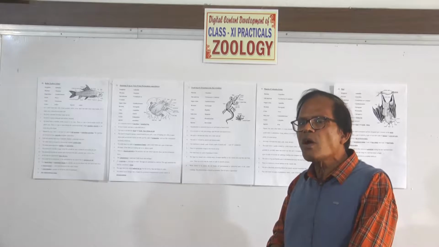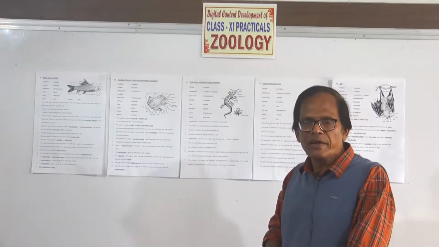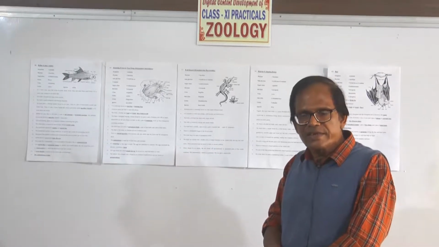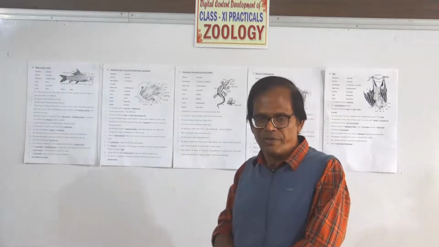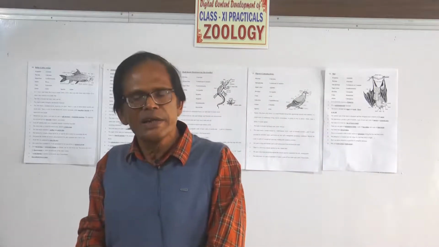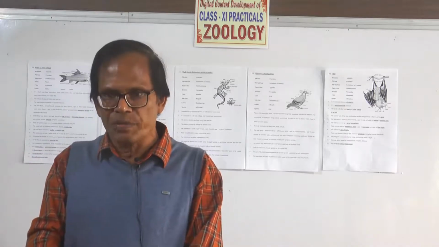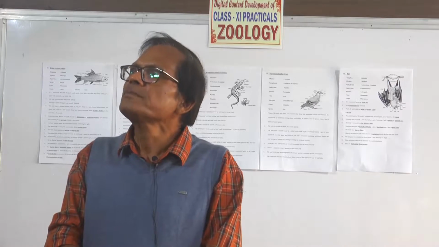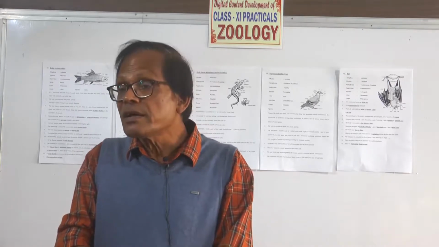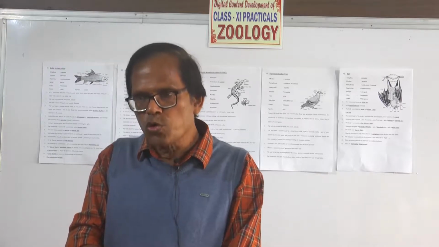A wall lizard shedding off a tail and the tail behaves as though it is living. It wriggles and it gives an impression as though it is living. But indeed, it is not living, it is dead, but it has life for some time. Therefore, it wriggles. This phenomenon is known as autotomy.